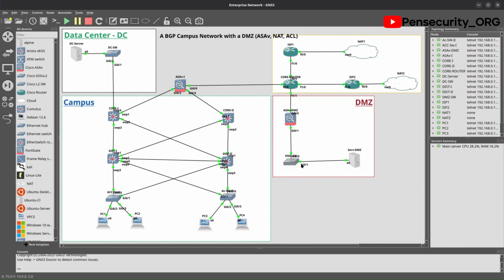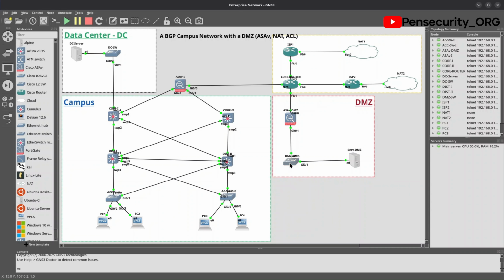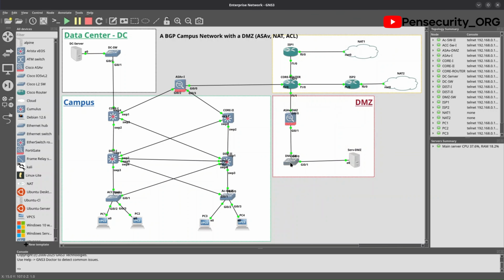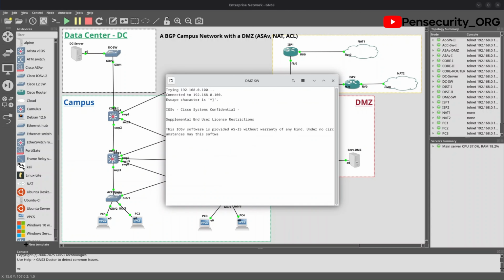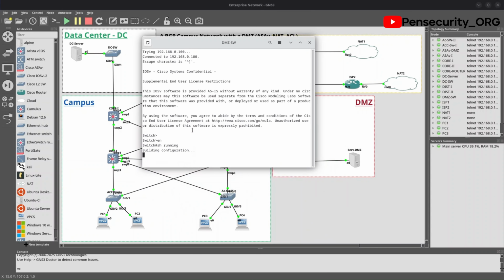Then for this switch here, like I said, these are layer 2 switches. No IP address on the SVIs. These are just regular switches. Let me try to run it. It's coming up. Say enable. Show running. It's taking forever to come up.